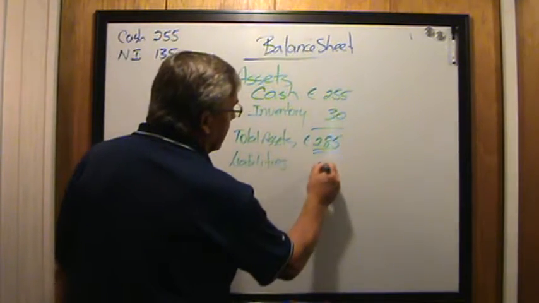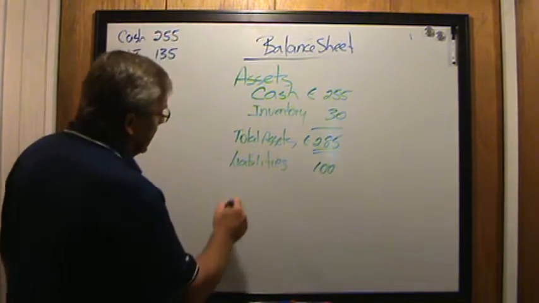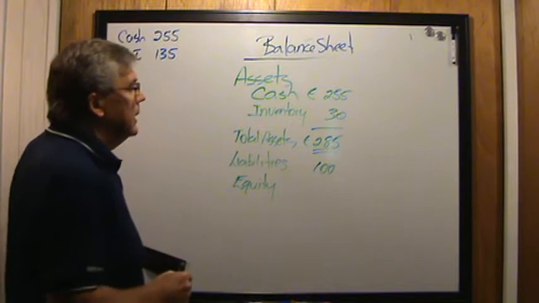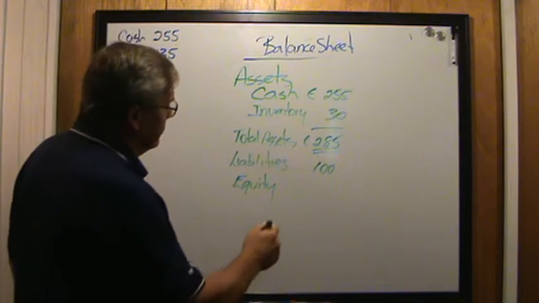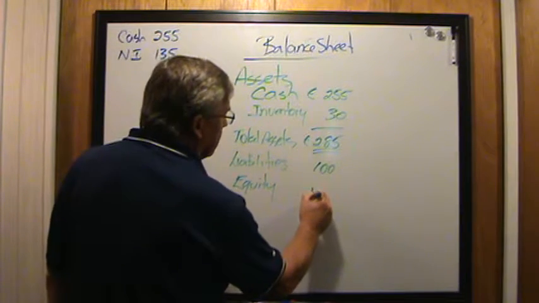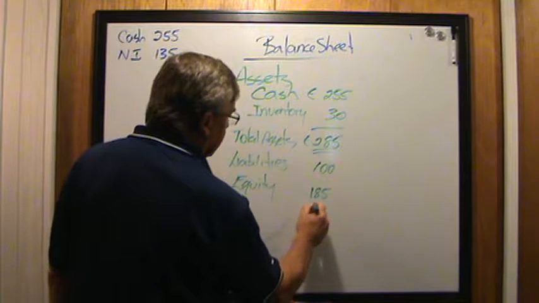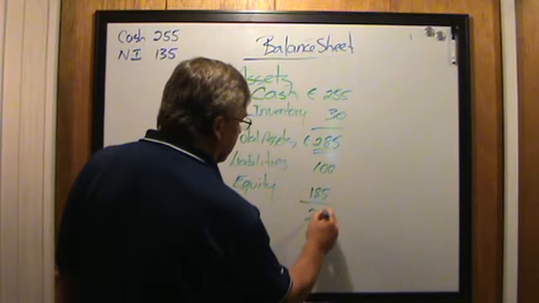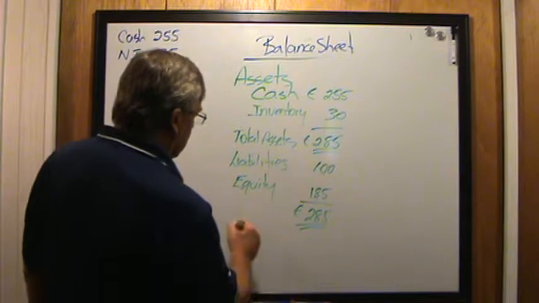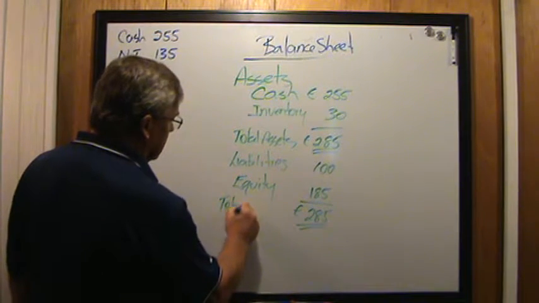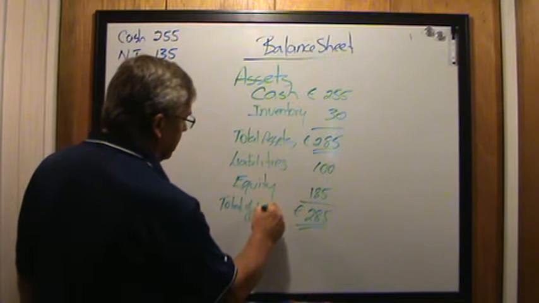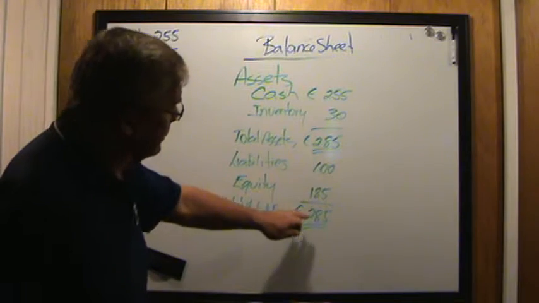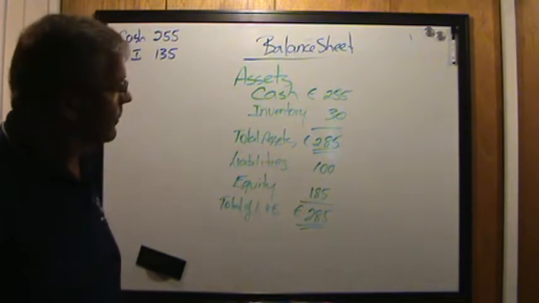So liabilities are 100 euros, and therefore, in order for this to balance, the partnership equity has to be 185 euros, so that we end up with the 285 euros for the total of liabilities plus equity, or the total claims. Okay? Always has to equal. If not, then we've made some mistake.